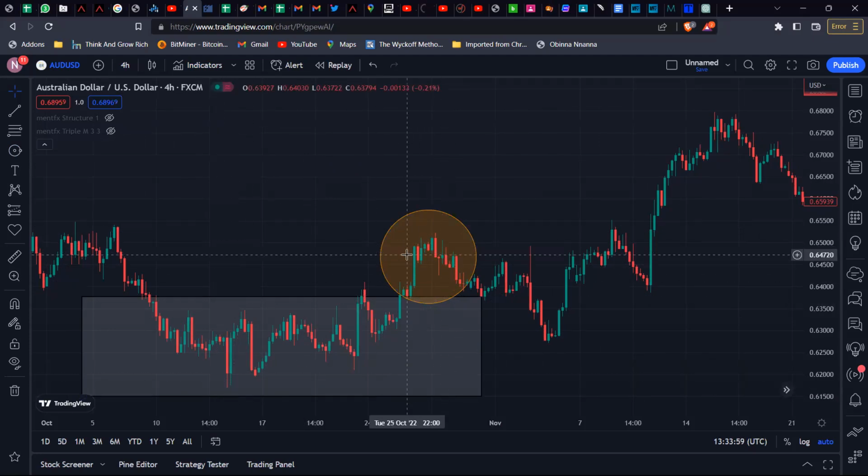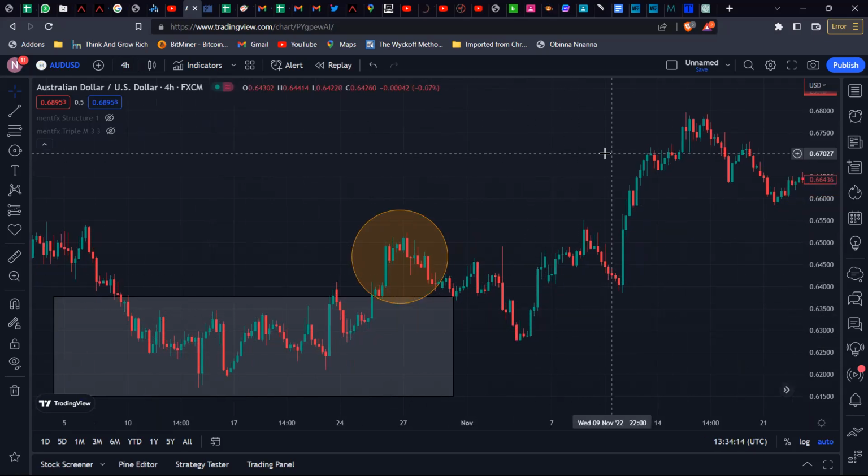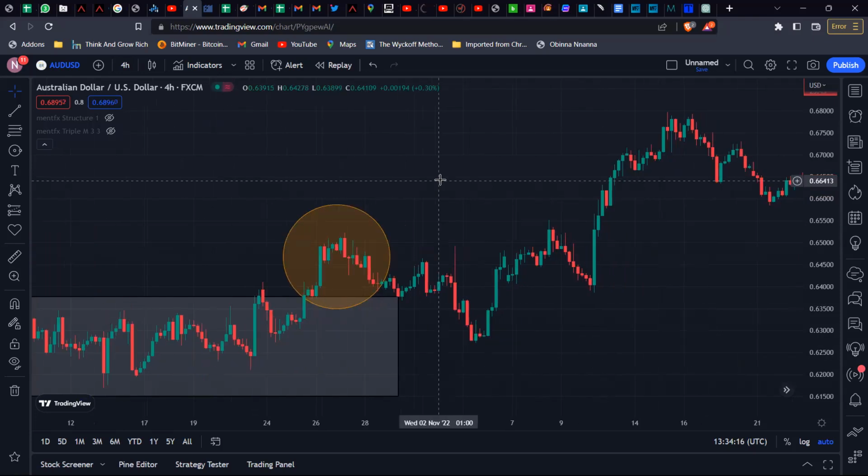We had the breakout of this entire structure here, showing the sign of strength. What did price do? Well, it came back and we tested, came back down. And then, what do you call it again? Push away from there.